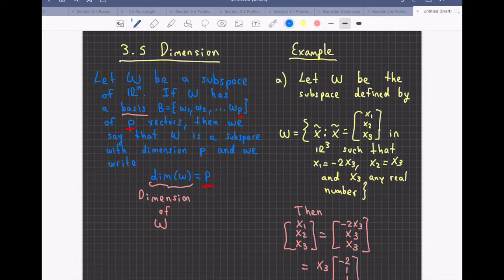So this means that this is a linear combination of this vector, and this x3 is the coefficient or the scalar. If I choose any number x3, I can create any vector that is in this subspace. So this is a basis, because this spans W and is linearly independent. The only way to have 0 when we multiply this vector is if x3 is equal to 0.